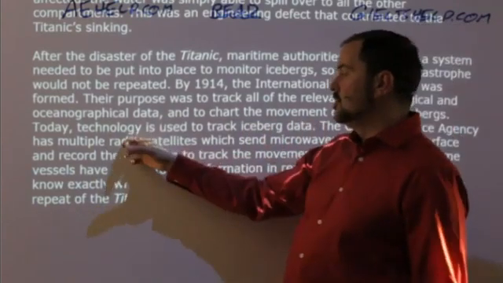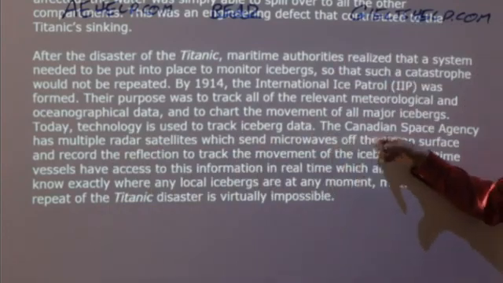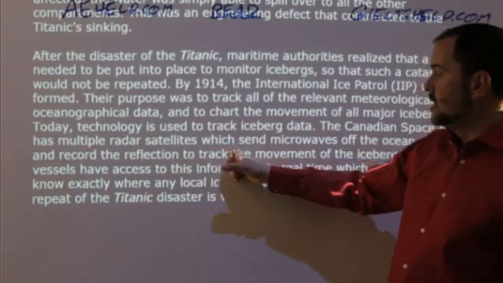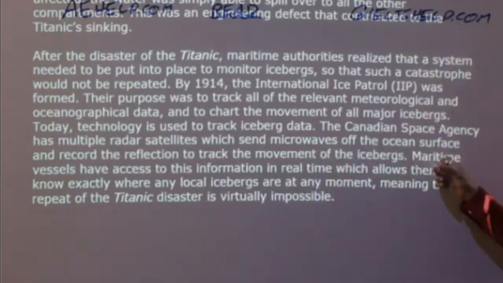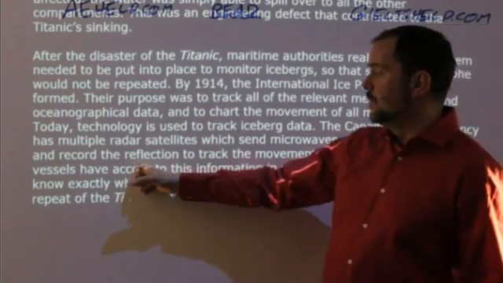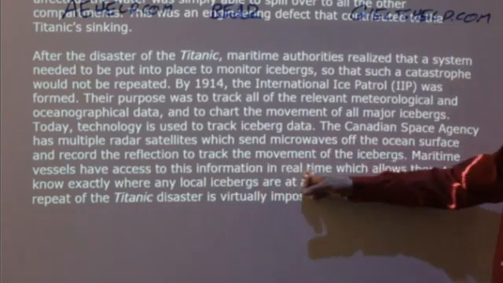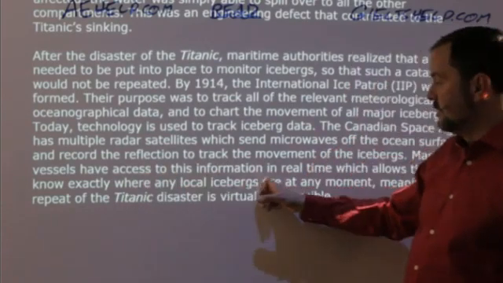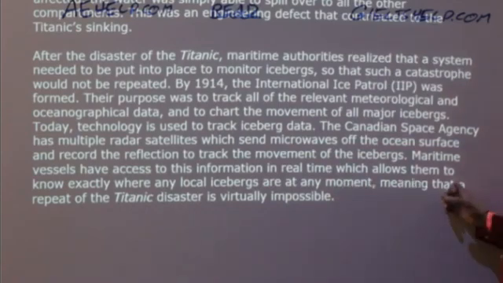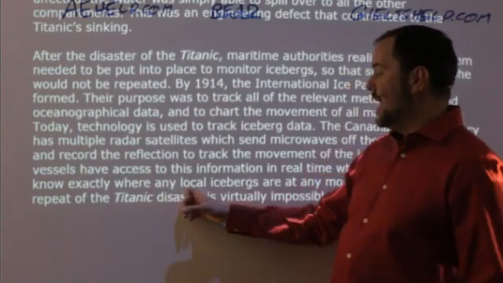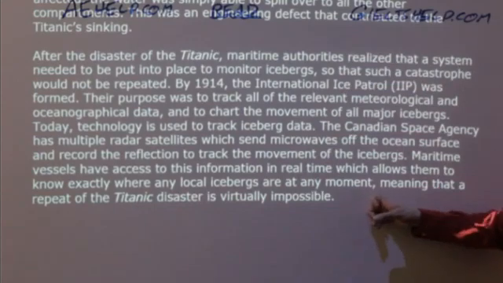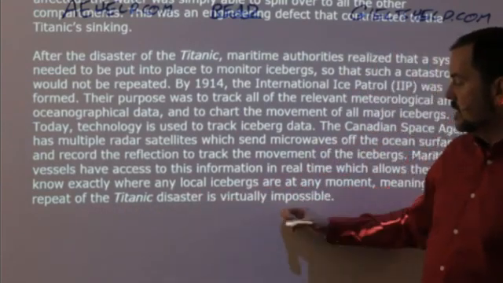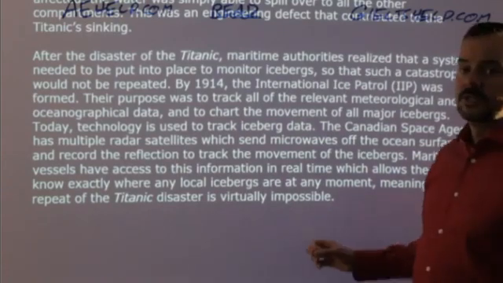Today, technology is used to track iceberg data. The Canadian Space Agency has multiple radar satellites which send microwaves off the ocean surface and record the reflection to track the movement of the icebergs. Maritime vessels have access to this information in real time, which allows them to know exactly where any local icebergs are at any moment, meaning that a repeat of the Titanic disaster is virtually impossible.